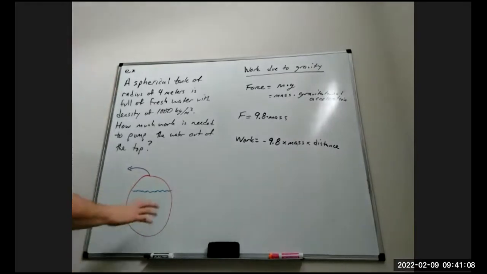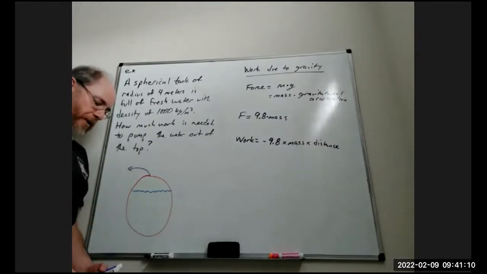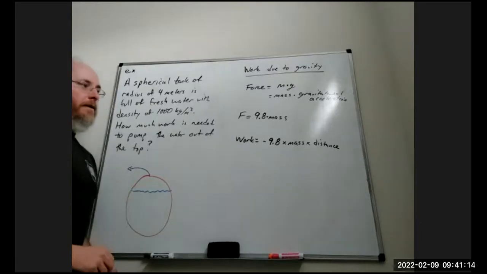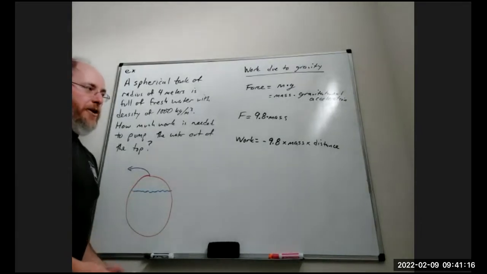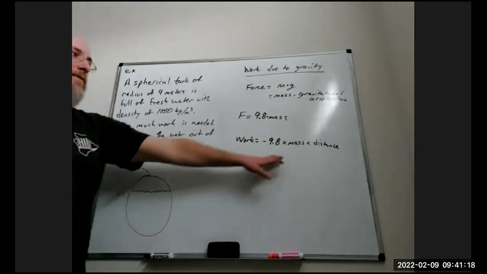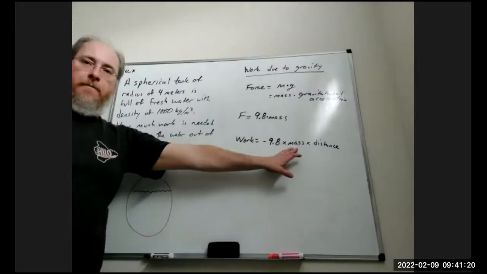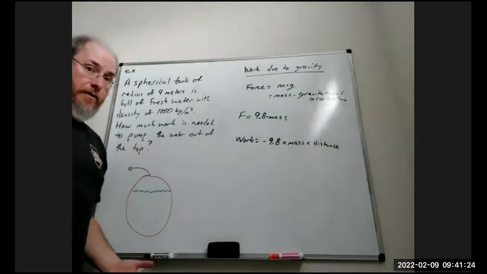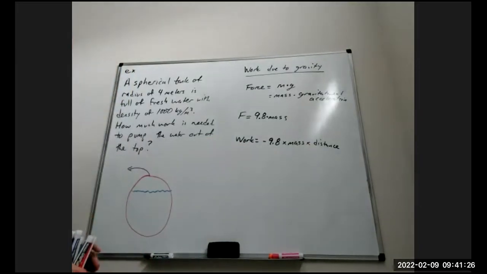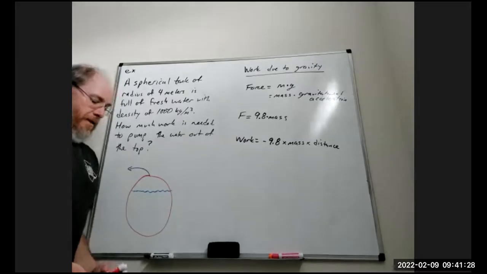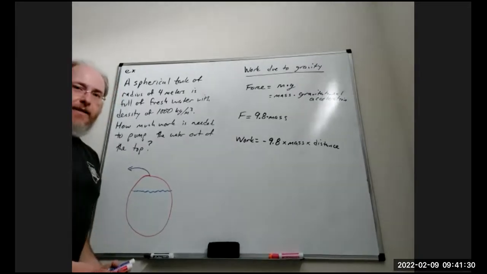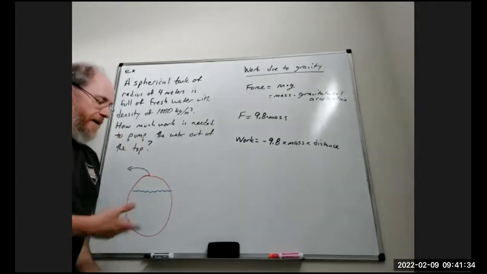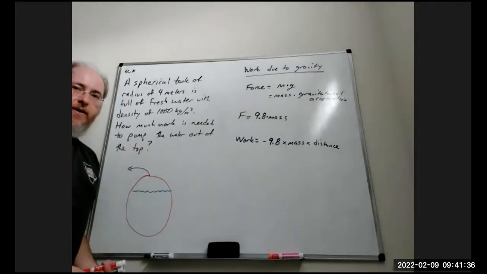All right, so if we come back to our picture, we need to think about this in terms of the water. We need to know the mass of the water, and we need to know the distance that it got moved. Now this is where the calculus is going to come in. The distance that the water is moving is not all the same.